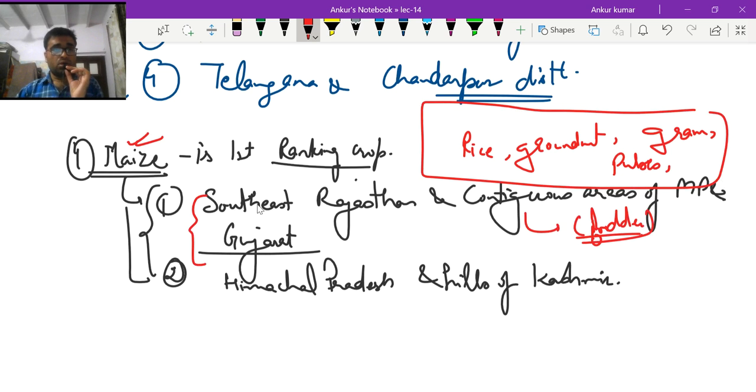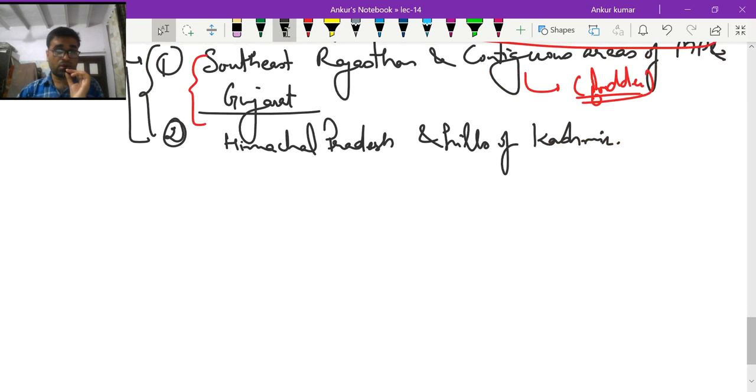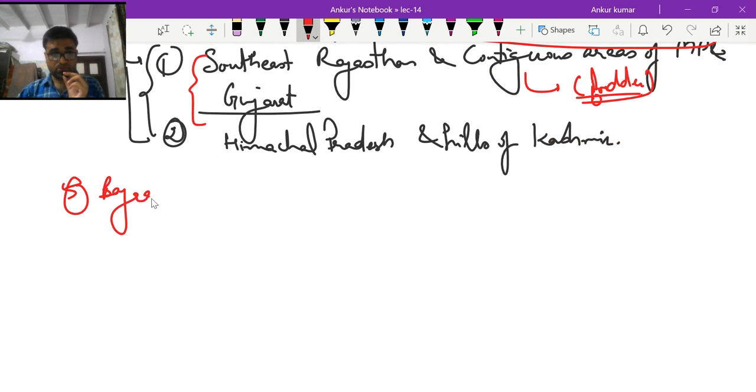Okay, now we have done the four combinations or the four regions where rice, wheat, jawar and maize are first ranking. Moving on to the fifth one, that is the bajra, where bajra is first ranking crop.